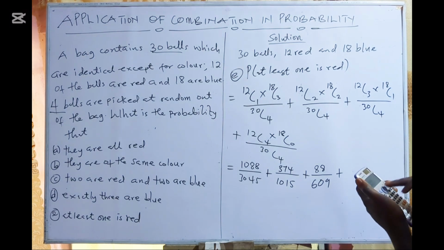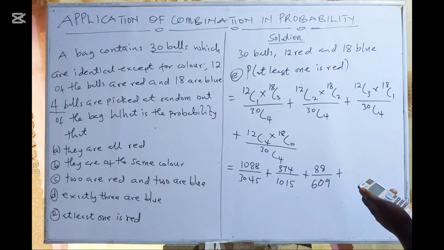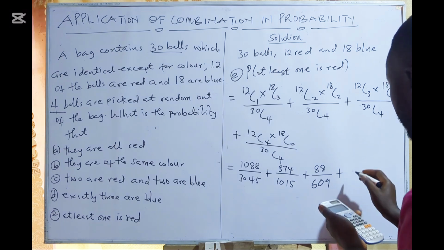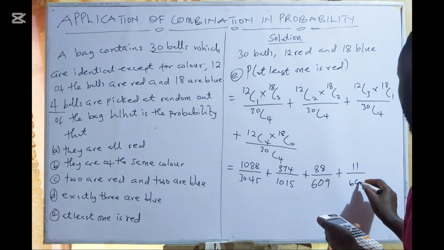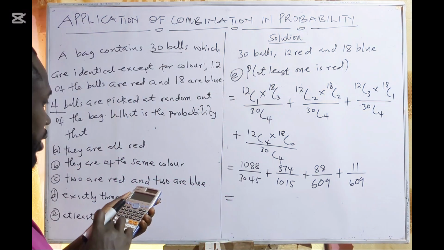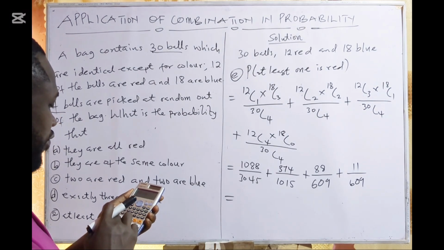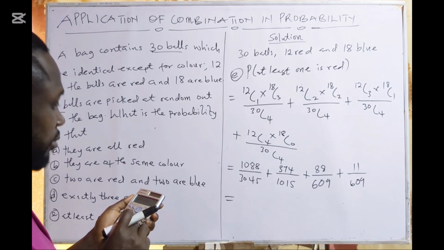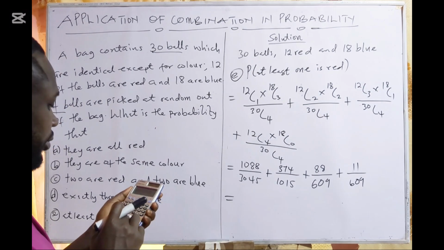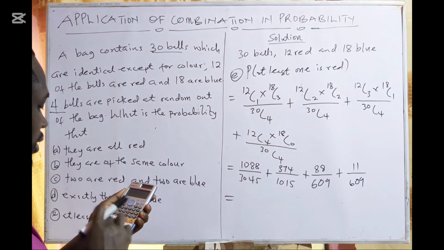Plus 12 combination 4 times 18 combination 0, all divided by 30 combination 4. That is 11 over 609. So we are going to put all these together and see what we are going to get. 1088 divided by 3045 plus 374 divided by 1015 plus 88 divided by 609 plus 11 divided by 609.